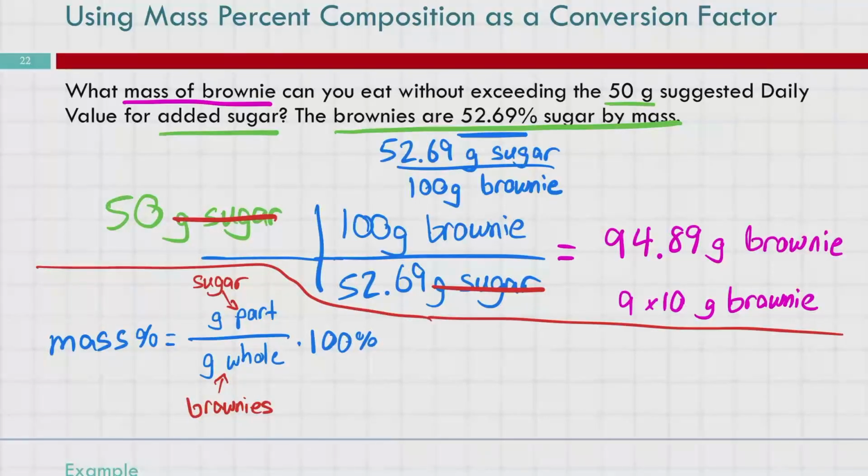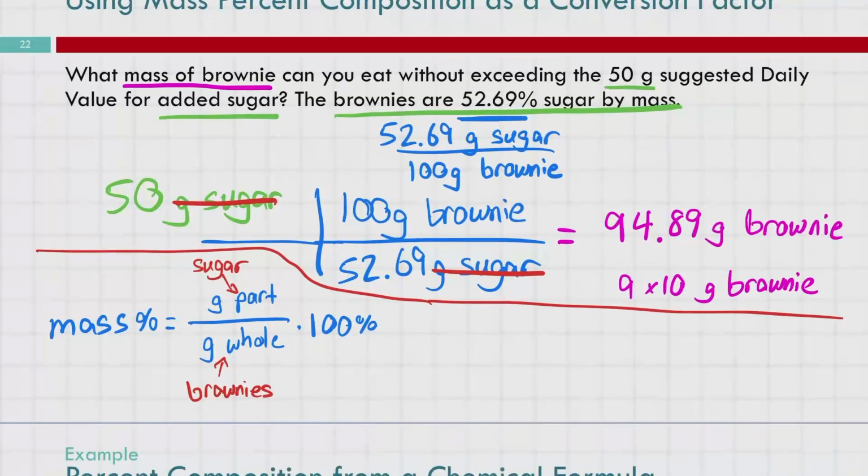So since we're looking for grams of the whole thing, which is the brownies, we need to get that by itself, and then we've got our equation to solve. I'm going to plug numbers in first, because I think that's probably how a lot of us would do it. If you don't like plugging numbers in first, that's also a valid approach. So plugging in our mass percent, 52.69%. For mass percent, the grams of the part is the 50 grams of sugar.